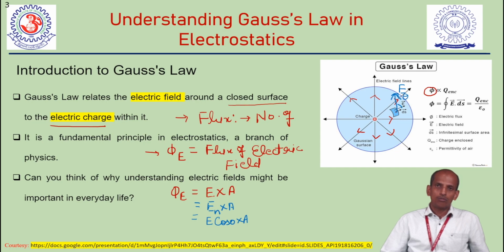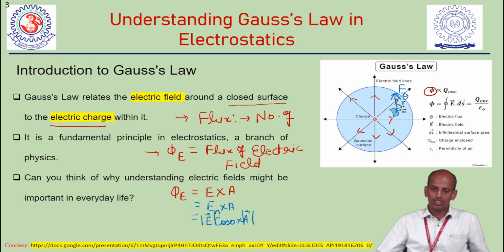So now what becomes the precise definition of flux? You know that mod of A into mod of B into cosine of theta is nothing but the perfect definition of the dot product of two vectors. Dot product of two vectors. So now here I have the mod of E, the magnitude of E, the mod of A, and the cos theta.